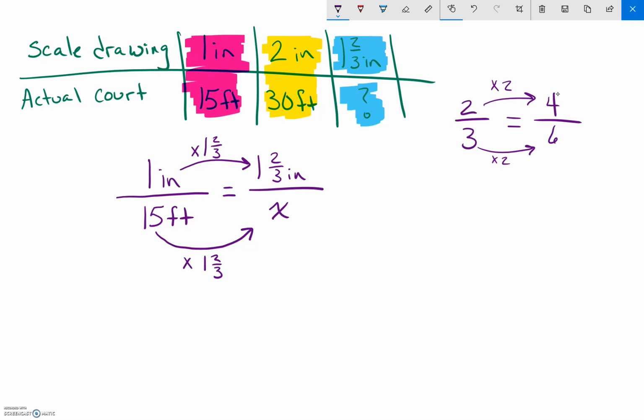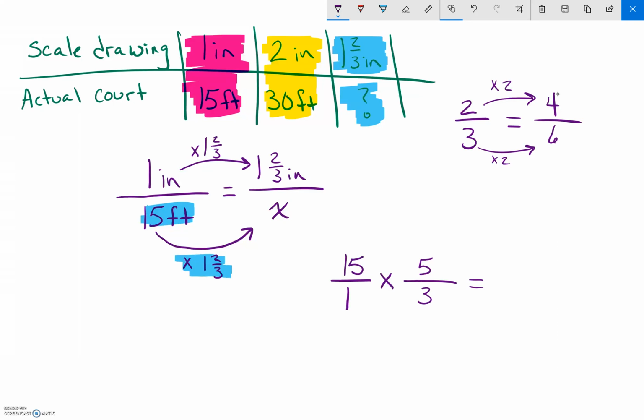So it sets up one of those problems that we've been working on in warm-ups quite a bit. And what we're really doing is 15 times 1 2/3. That's going to give you your answer. So 15, we'll write it as a fraction, times 1 2/3, we'll write that as an improper fraction, which is going to be 1 times 3 plus 2, 5 over 3.